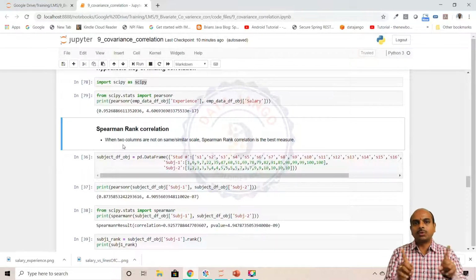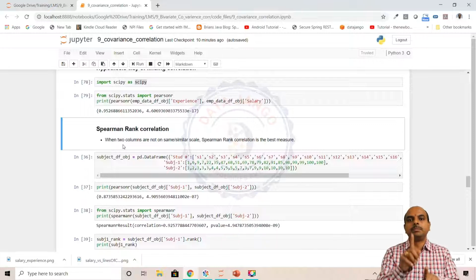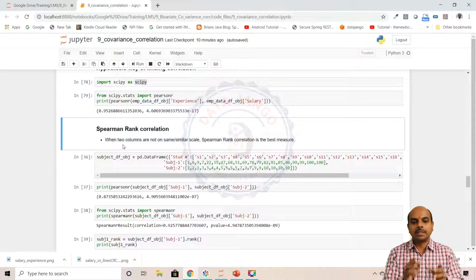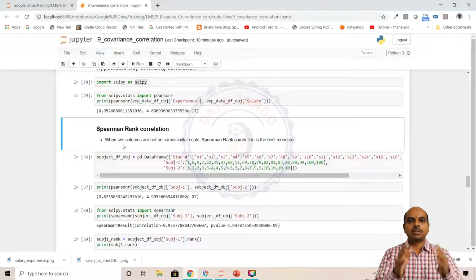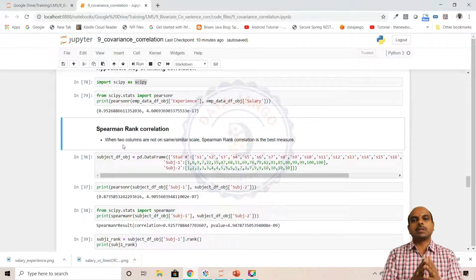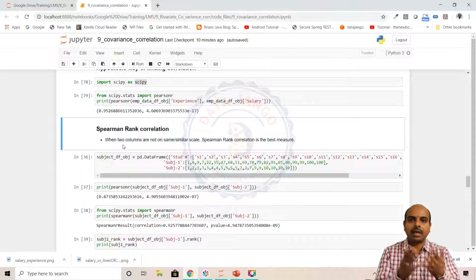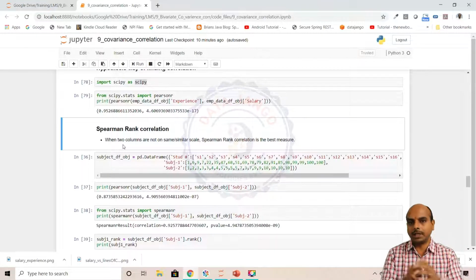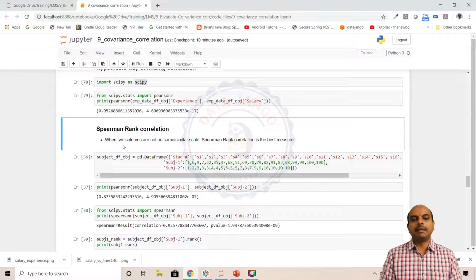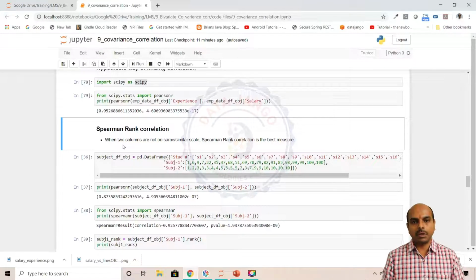If you want to understand correlation between these two, Spearman correlation is the best because the scales are different. In the first example, the scales are the same. Both subjects were conducted for 100 marks, so the marks are going to be between 0 and 100 for both. In that case, you can take Pearson correlation because the scale is the same. If the scale is different, then definitely you should go for Spearman correlation.